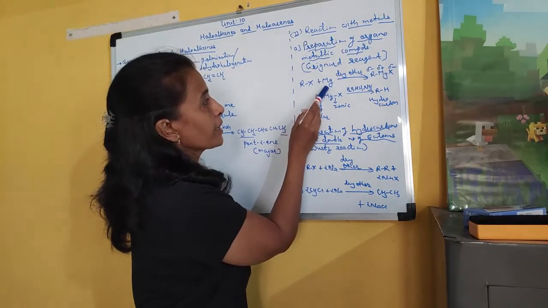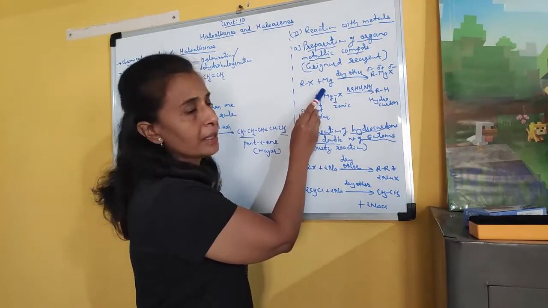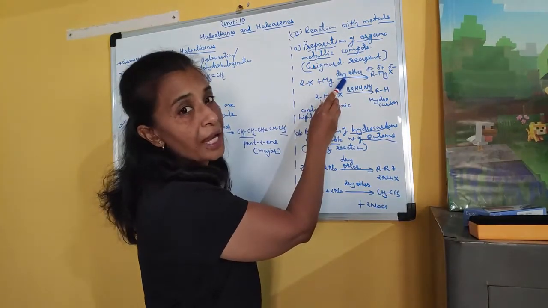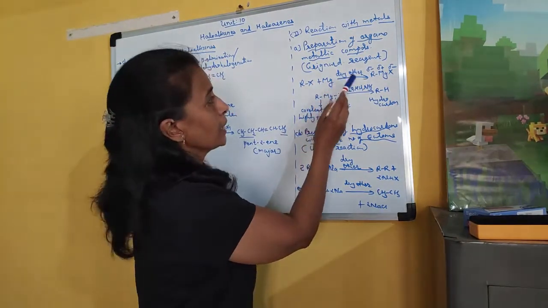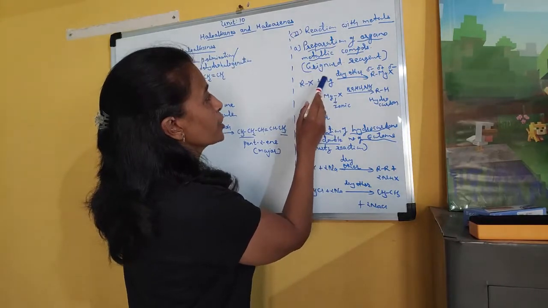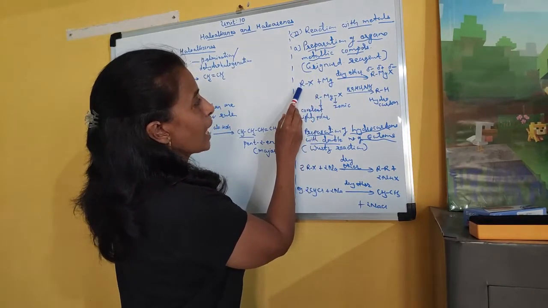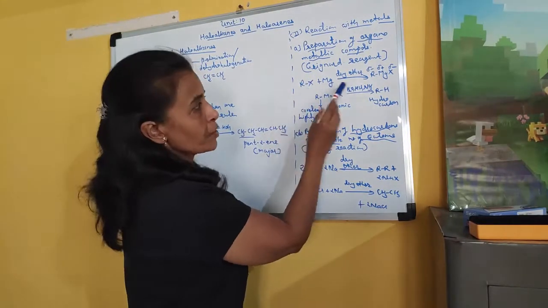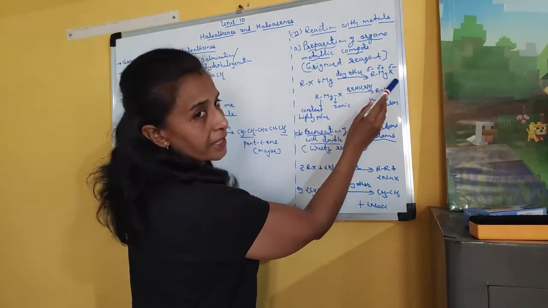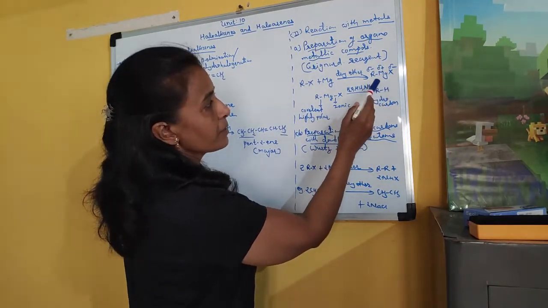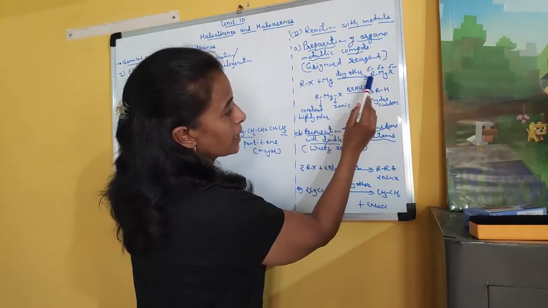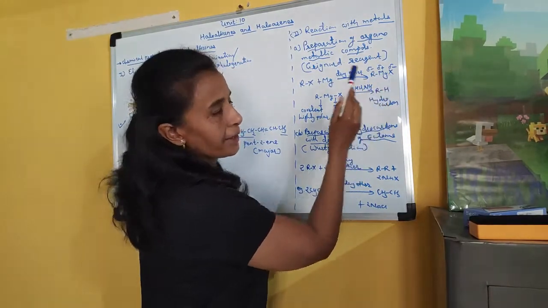It is reacted with magnesium metal which is taken in dry ether. Clear? Then this magnesium enters between alkyl and halogen. So we get RMgX. The name is given in sequence, that is alkyl magnesium halide.